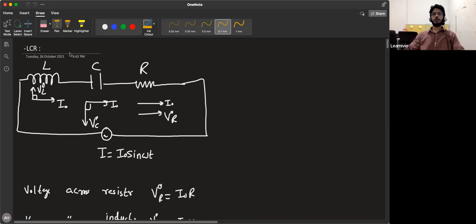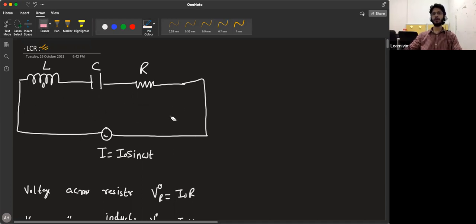So in the series LCR circuit, you have an inductor, a capacitor, and a resistor in series. In the previous circuits, when we were deriving the formula for impedance and reactance, we started with the equation of EMF. But now we have three circuit elements in series, so we'll start with the equation of current.